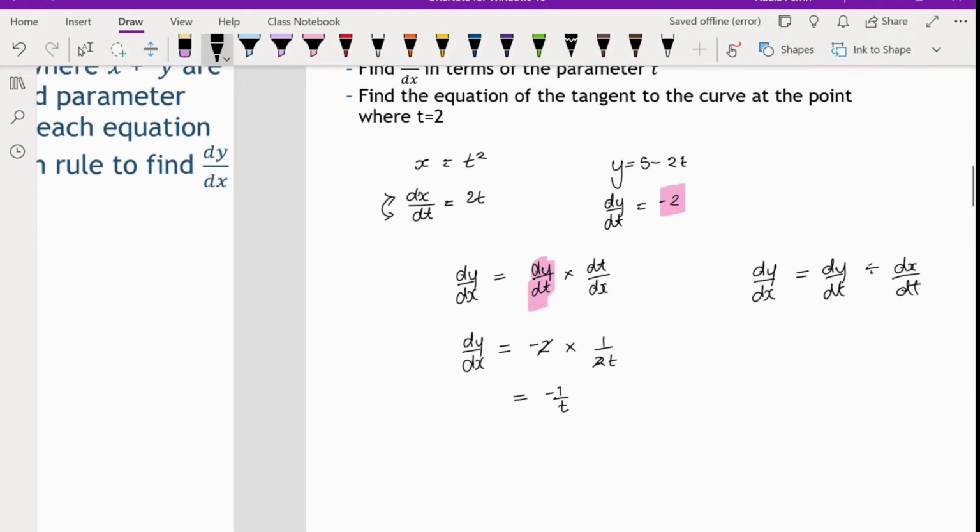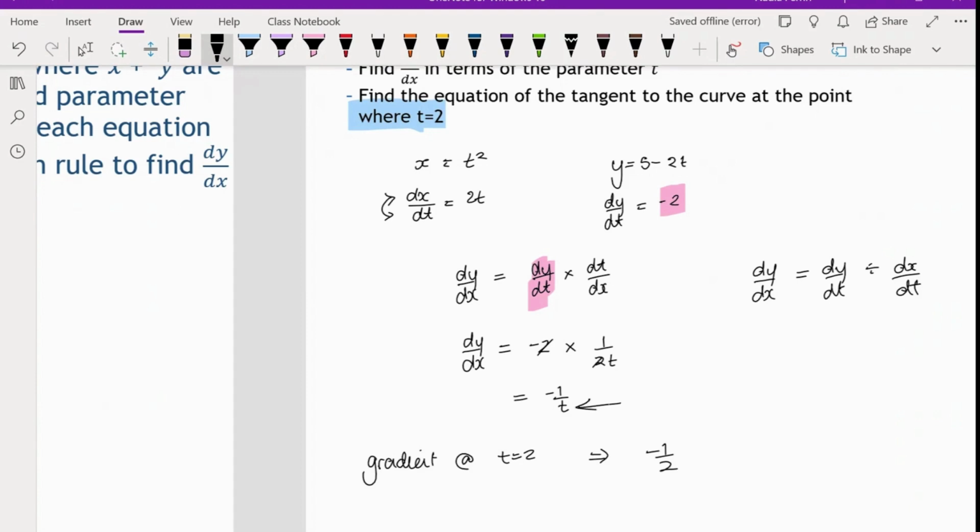So if we want to find the equation of the tangent where the point is t equals 2, it's too many 2's and too many t's, then we need to, first of all, find the gradient. So let's find the gradient at that point. So gradient at t equals 2 would be negative 1/2, just substituting 2 in here.